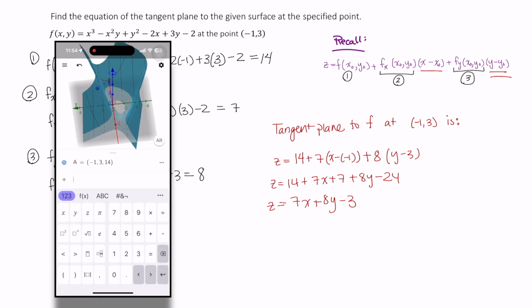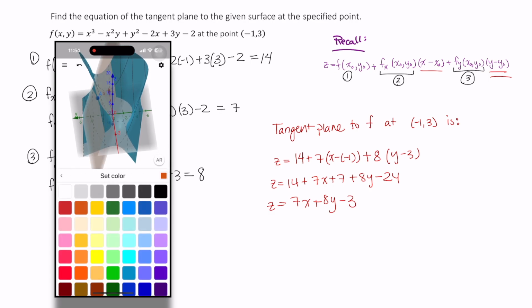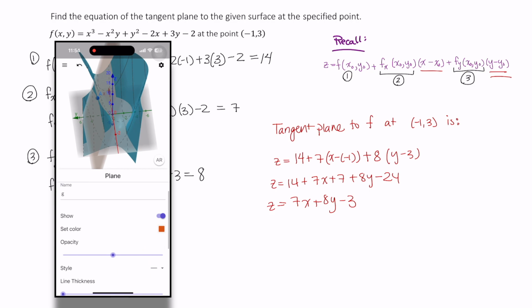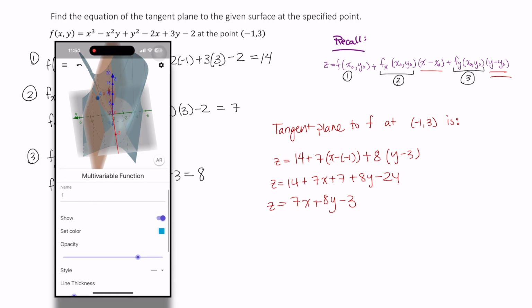And finally, I'm going to show you the tangent plane of z equals 7x plus 8y minus 3. And there is our tangent plane. And actually, let's change its color a little bit just to make it a little clearer what we're looking at. Okay, and for this one, I'm going to dim it a bit, change the opacity a bit.